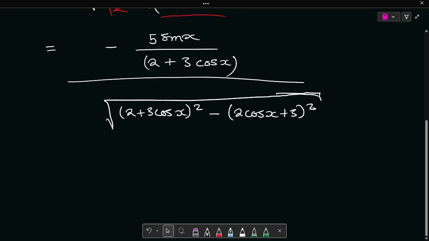The part that we now need to work on is what is inside the square root.